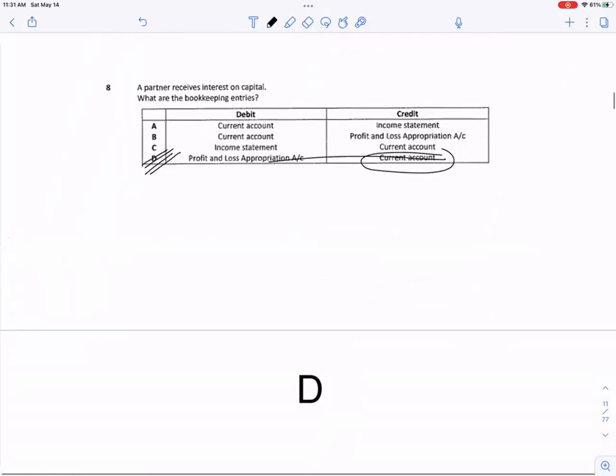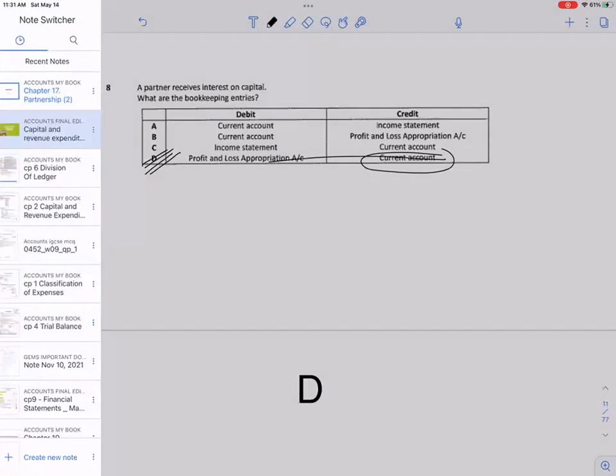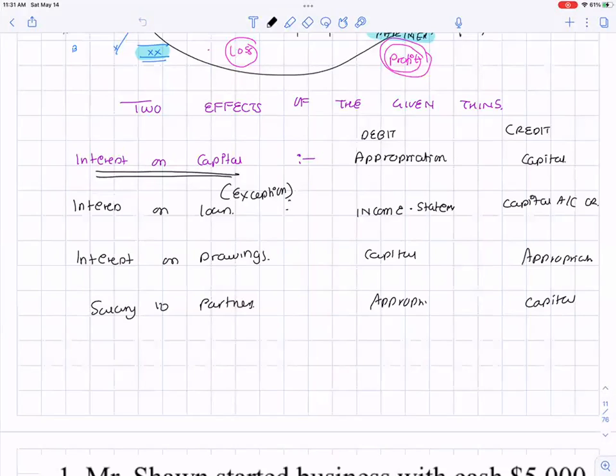Please remember this. Revise the effects of interest on capital, interest on loan, interest on drawing, salary to partner, commission to partner. I hope this is clear.